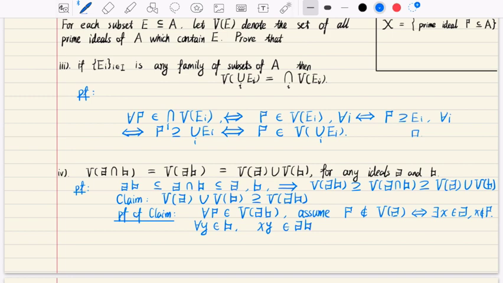So it must belong to the prime ideal P. However, x does not belong to P. So y must belong to P by the definition of the prime ideal, which means that B is contained in P, or P is the element in V of B. So we are done.